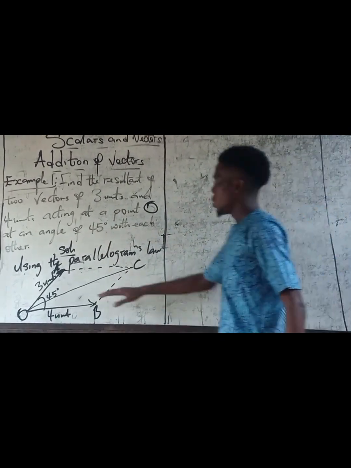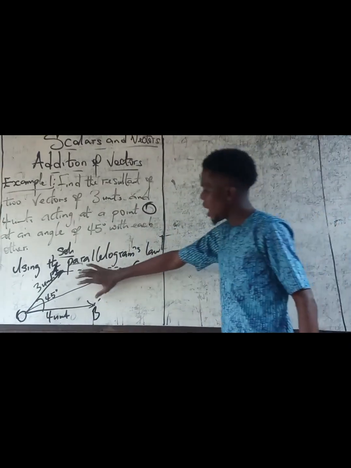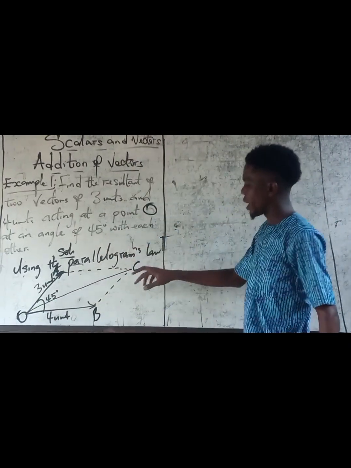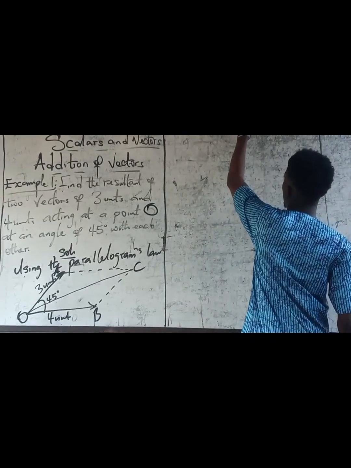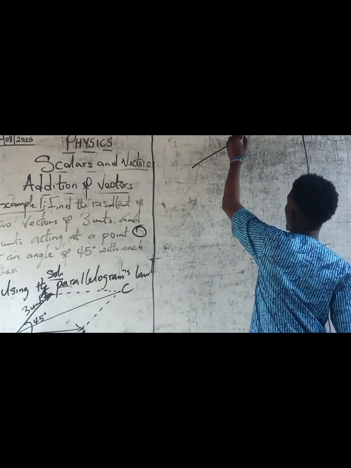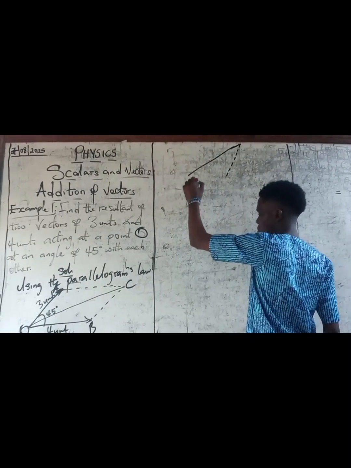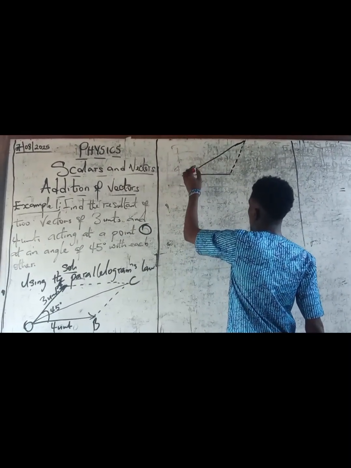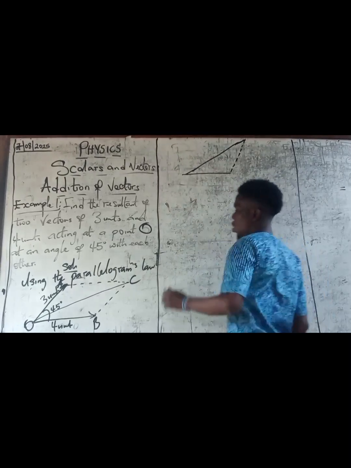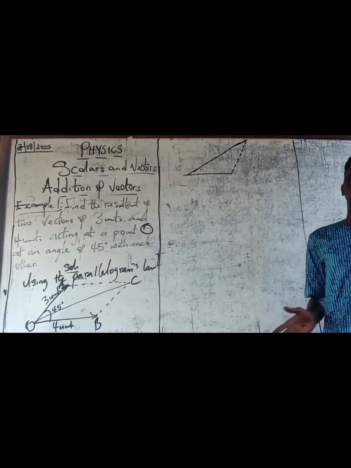Now, since we want to find the length of this line, we know that we have what looks like the shape of a triangle here. So if I were to bring that out, I would have something like this. Here, I hope you know one of the properties of a parallelogram is that opposite sides are equal.